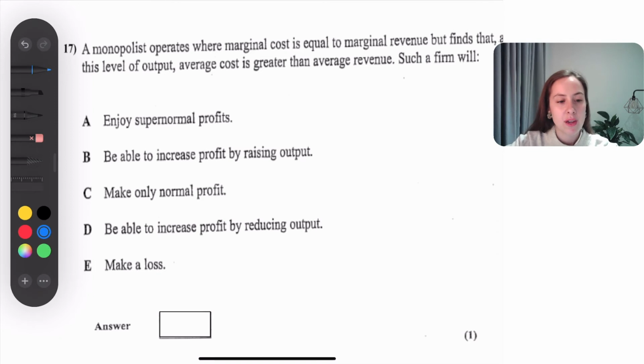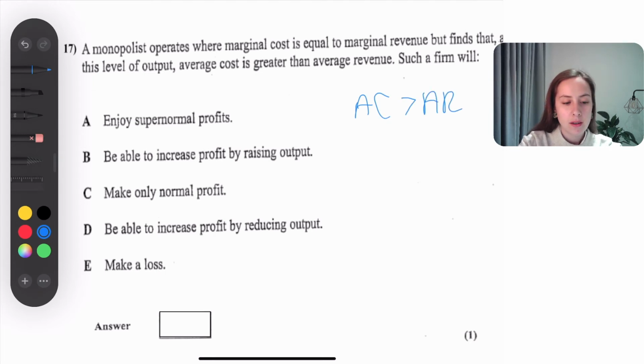Okay, this question, we have a monopoly who is producing at costs higher than their revenue. And what this is going to mean is their profits are going to be below 0. If you have any doubt, you can write that down.